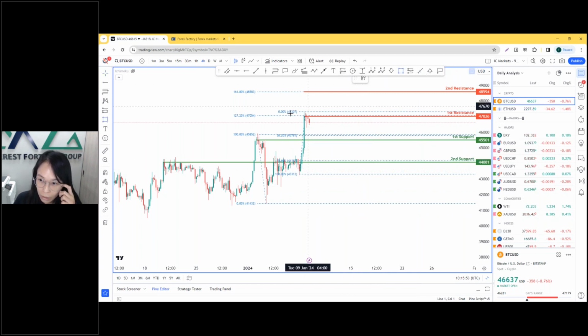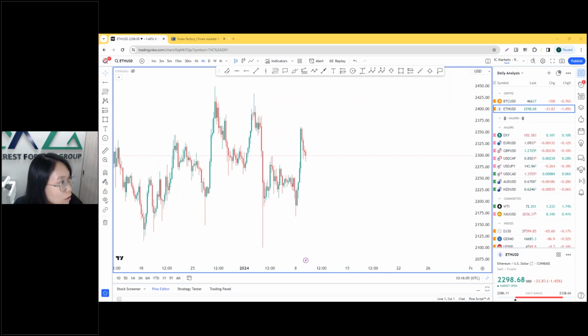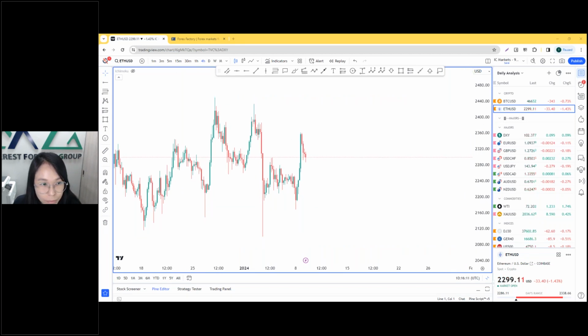So it makes the first support level a pretty strong level of support. And now we have Ethereum. So we're all looking at the H4 chart.